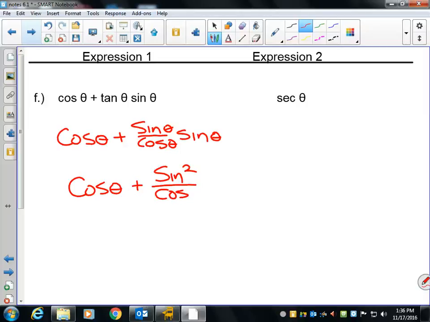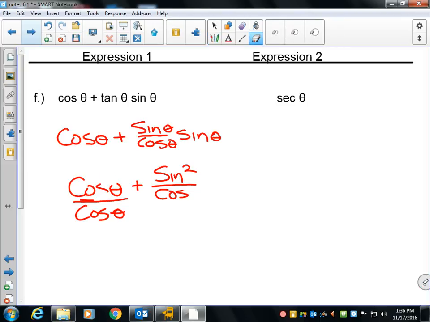When I look at this, I have a whole number plus a fraction. What do you think I'm going to do? Oh, I don't want cos squared on the bottom. This said cos theta, right? I'm going to make it into a common denominator. So I'm going to multiply the top and the bottom by cos. Okay?